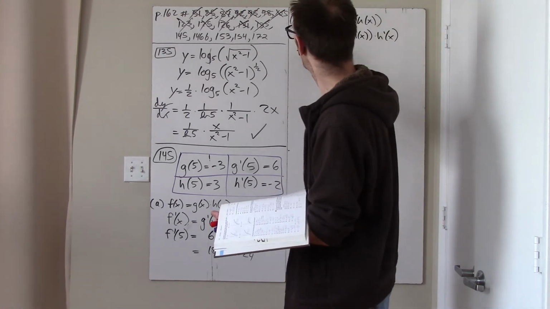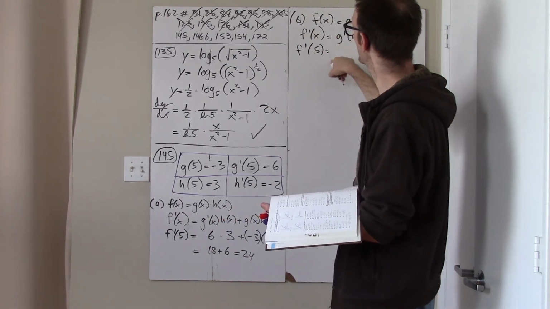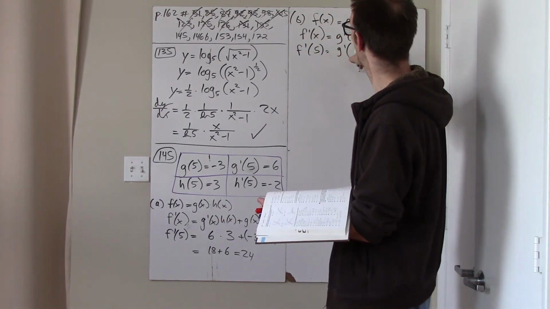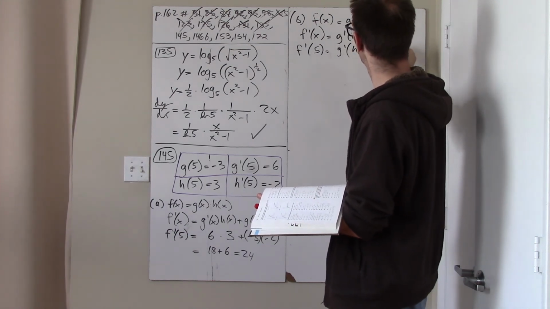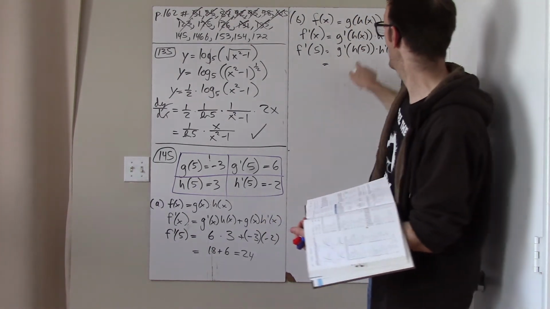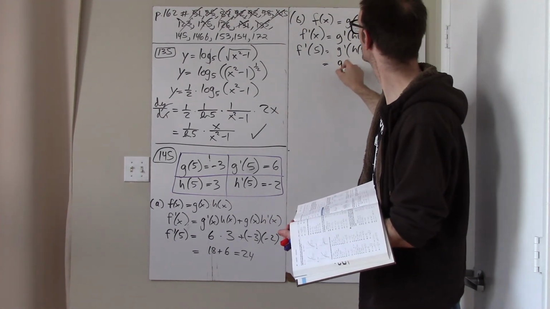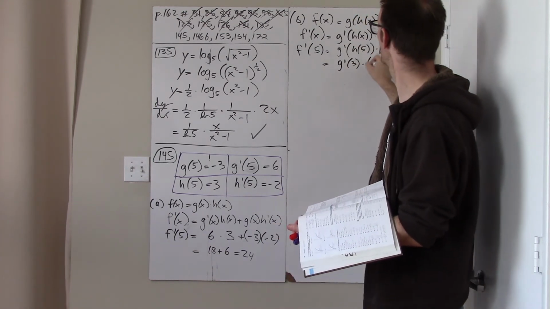Now when I go to do f prime of 5, that is g prime of h of 5 times h prime of 5. According to my information, I know exactly what h of 5 is. It's 3. So that's g prime of 3. And h prime of 5 is negative 2.